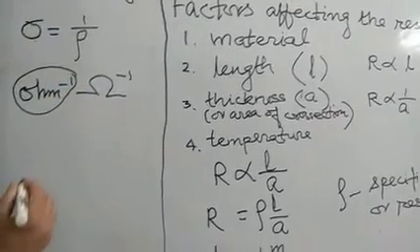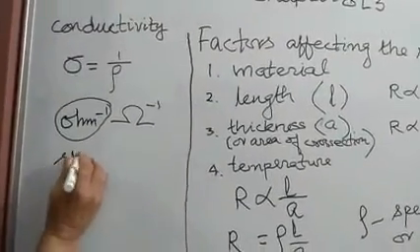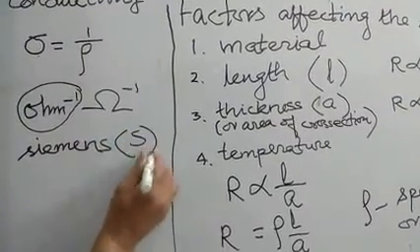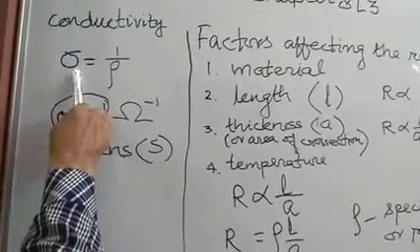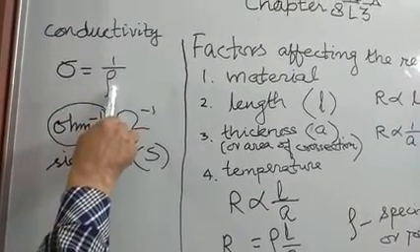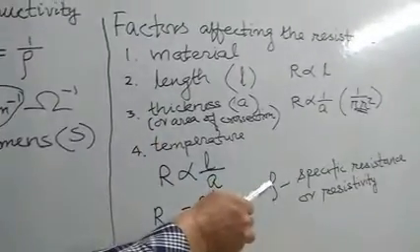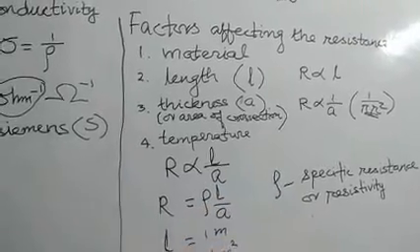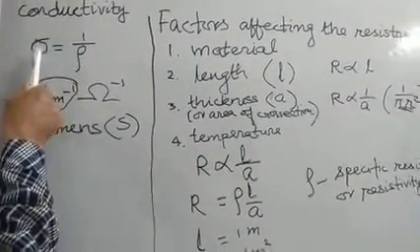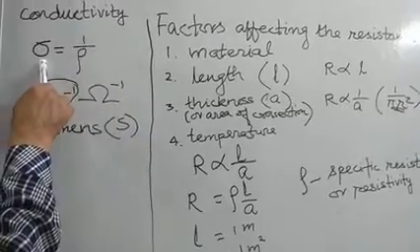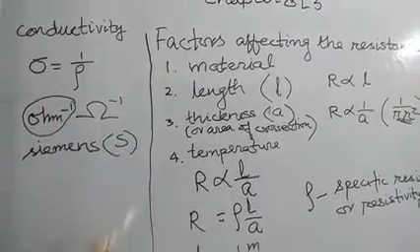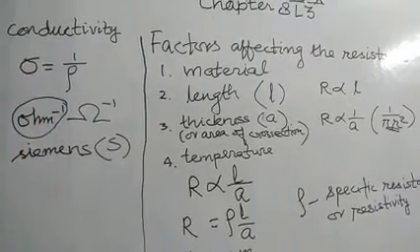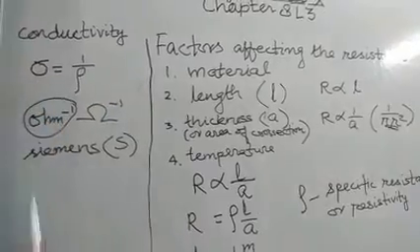This is nowadays called Siemens, represented by capital S. So conductivity is equal to the inverse of specific resistance or resistivity. That means the bigger the value of sigma, the better is the conductor. The smaller the value of sigma, the more difficult it is. That means good conductors have a high value of this. Bad conductors or non-conductors have a very low value for this.